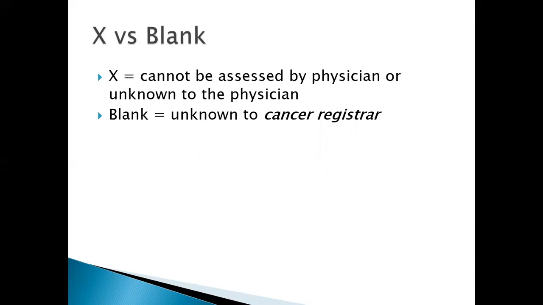So X is basically saying when we assign a TX in the clinical T category data field, that means that information was unknown to the physician for whatever reason. They couldn't determine it, they couldn't assess it, okay?